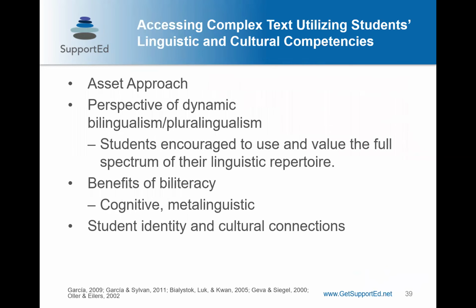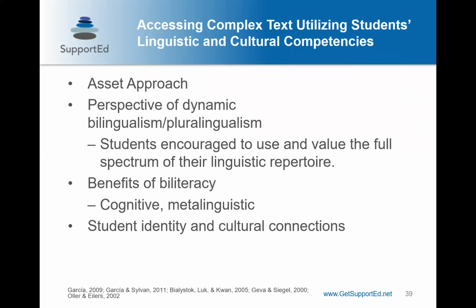So our district recently released a new strategic plan, and within that strategic plan, one of the priorities is creating a culturally responsive curriculum and really culturally sustaining practices. So one way that our district is giving students access to rigorous text is by allowing them to use their full range of linguistic and cultural resources.